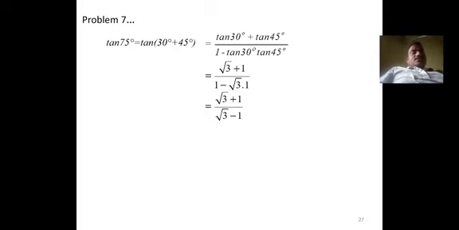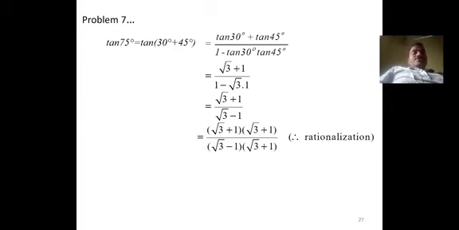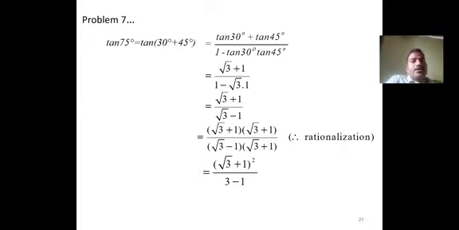Now rationalizing, the rationalizing factor is root 3 plus 1 by root 3 plus 1. So root 3 plus 1 into root 3 plus 1, that is root 3 plus 1 whole square. The denominator is a plus b into a minus b, a square minus b square. This is 3 plus 1 plus 2 root 3 by 2, so this is 2 plus root 3.